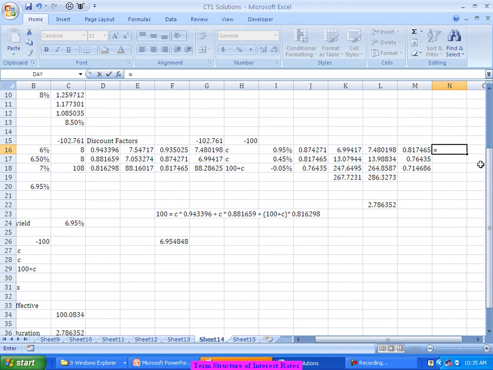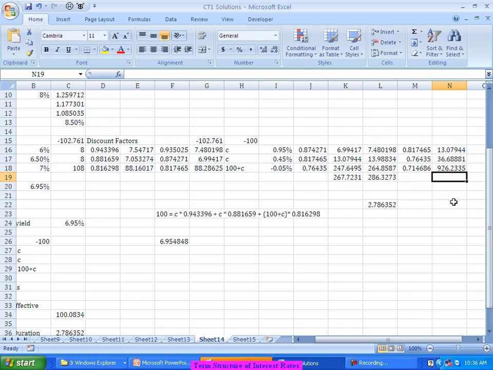So I'll take 2 into the first coupon into the discounting factor, and here also 6 into the second coupon into the discounting factor. And similarly 3 into 4, 12 into the third payment into the third discounting factor.